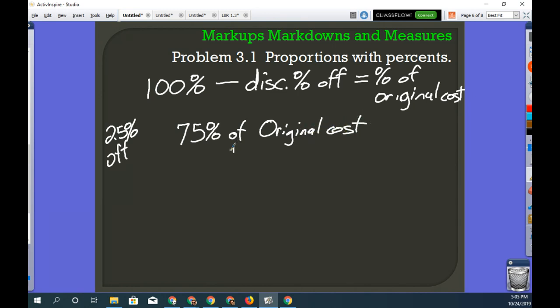Okay, what we know of is multiplication. So 75% as a decimal is 0.75. Let's say the original cost of this item that we got 25% off of was $88. So I would take 0.75 times $88.